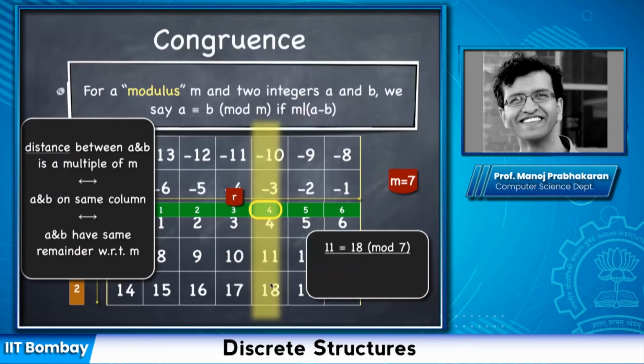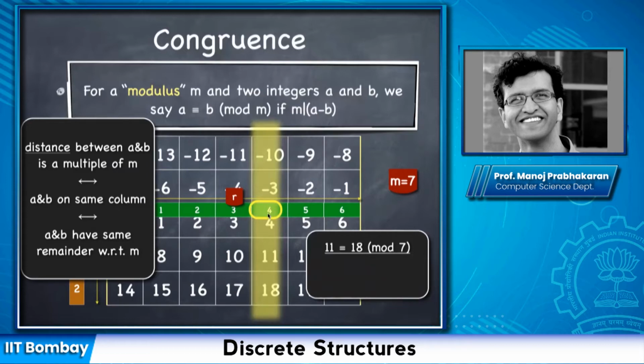They are congruent to each other modulo 7, because the distance between them is 7. So, to go from 11 to 18, you just had to go down one row in this table, and didn't have to change the columns, because the distance is a multiple of 7. And that's also the same reason why they have the same remainder. They are in the same column, right?